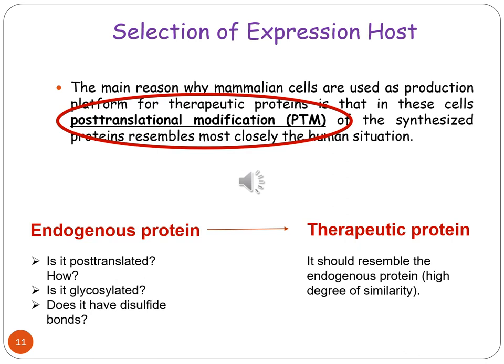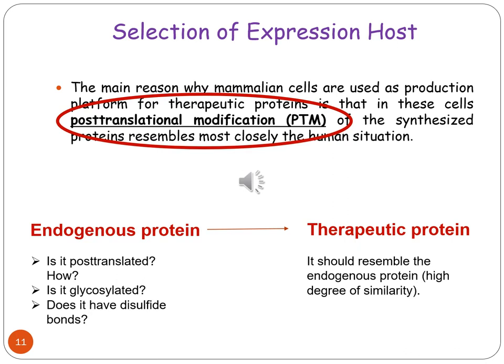produce a post-translated therapeutic protein, which means, for example, our insulin is not glycosylated. The endogenous insulin, the insulin that we produce inside our body, the original human insulin, is not glycosylated, but it has disulfide bonds.